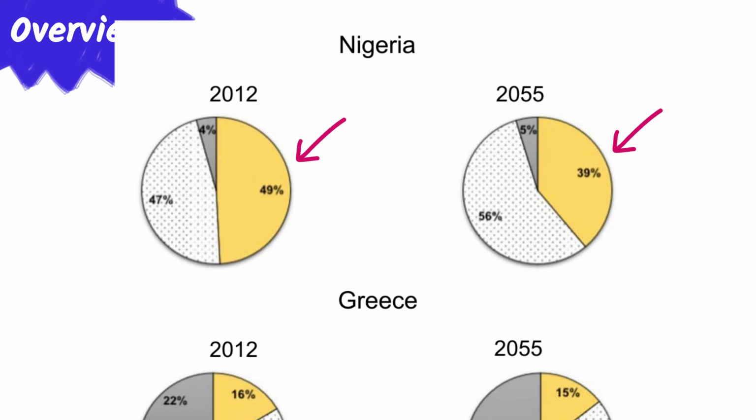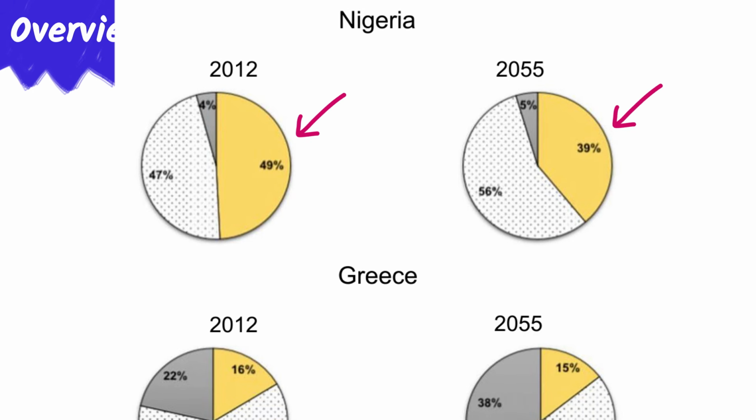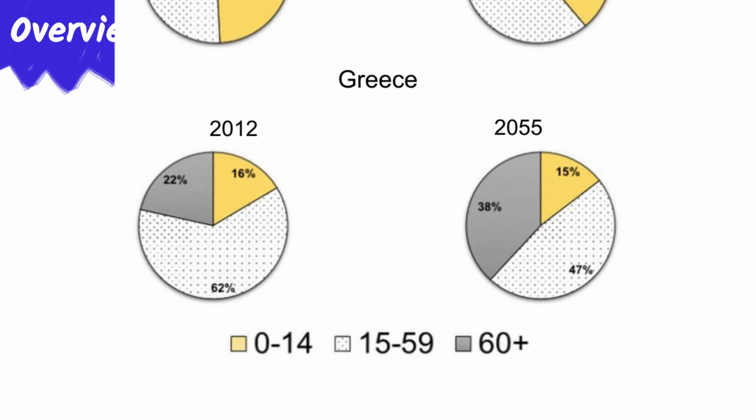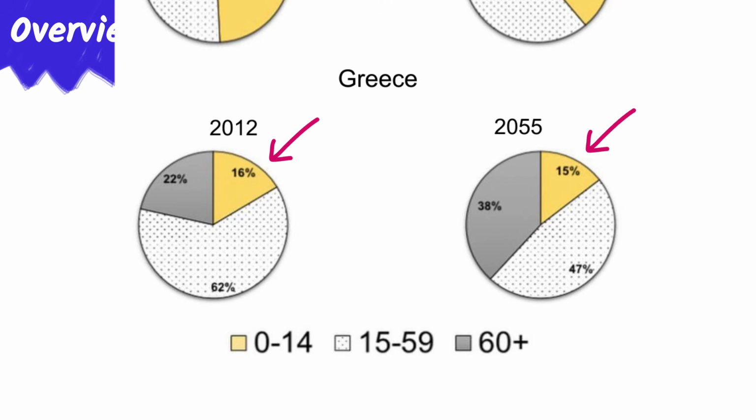So in Nigeria, we're going to experience a moderate decrease in the population of young people. At the same time, when we take into account the young generation in Greece, it's going to be relatively stable. So there isn't going to be any difference, all right, only 1% in young generation in Greece.